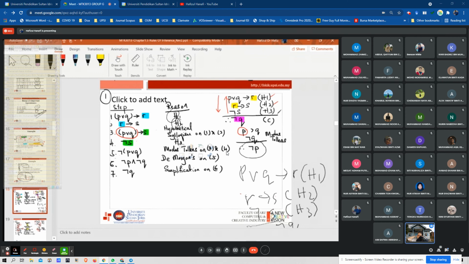And then we have a modus tollens on 3 and 4. Okay, we remove the S, and then we have a De Morgan law here, not P and not Q. And then we use the simplification. We simplify. Okay, lastly, we have negate Q.